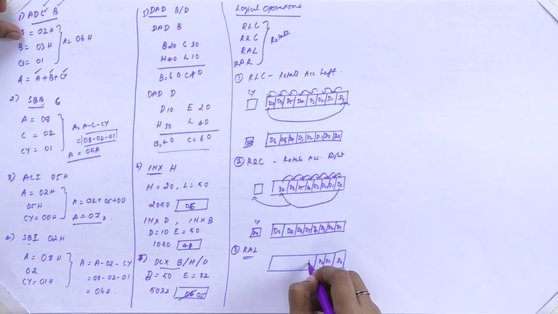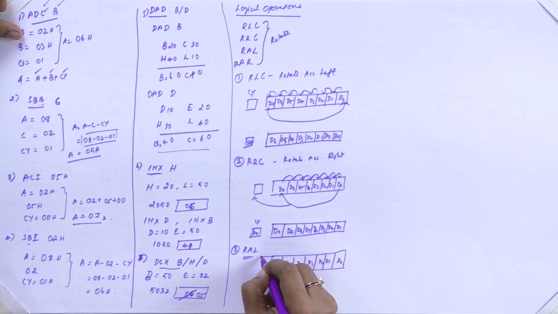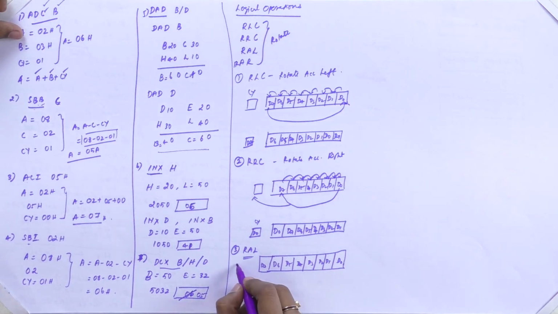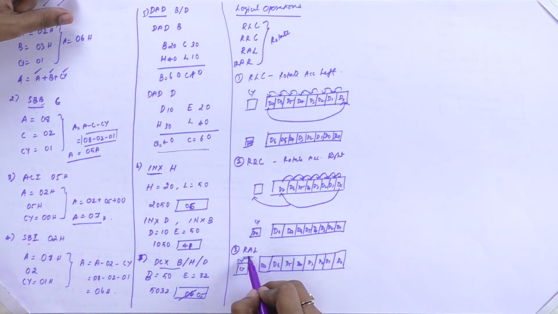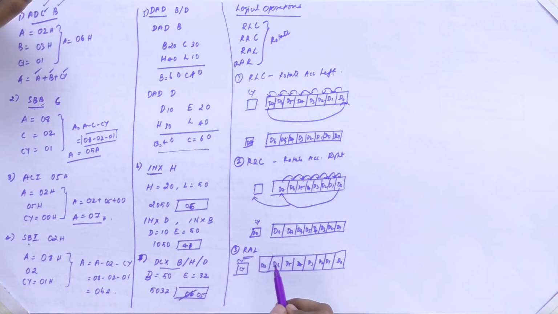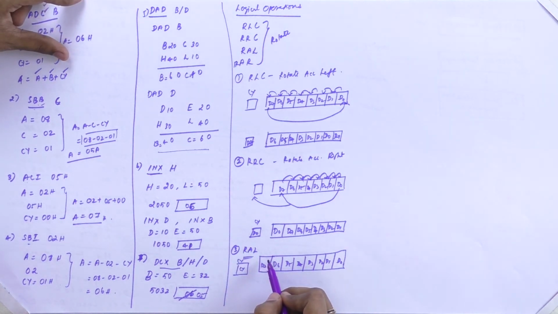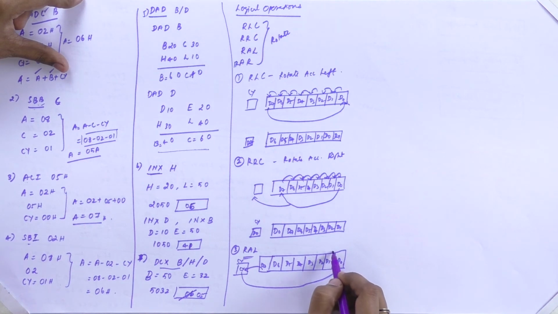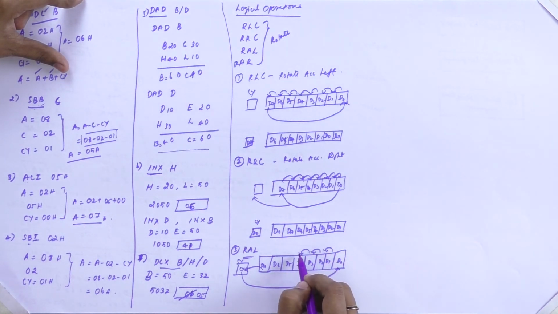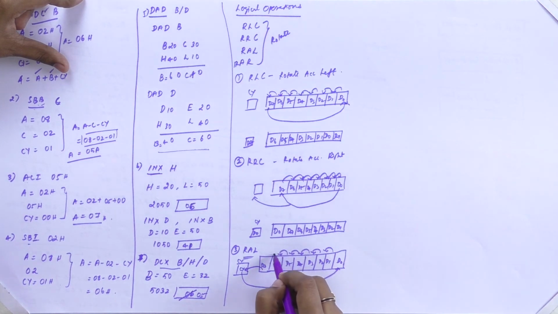D0, D1, D2, D3, D4, D5, D6 and D7 and carry is here. Let us say the value of carry is CY. Then this instruction RAL performs rotate operation in such a way that the D7th value will be placed in the carry part, and this carry value will be stored in D0, and again the rotation happens in this manner.